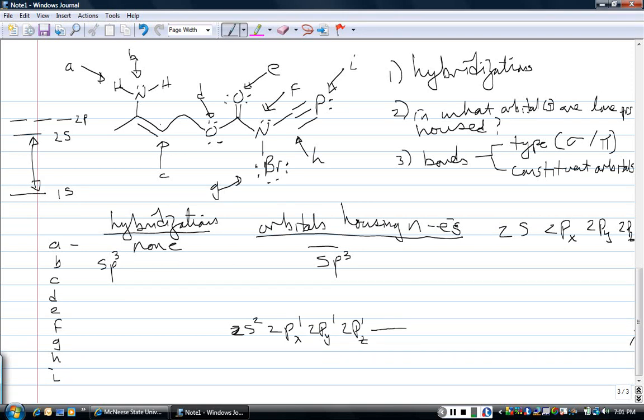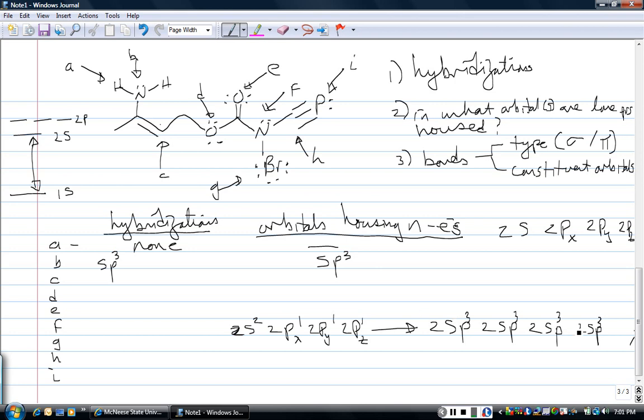If we're saying that N is sp3 hybridized, then we become 2sp3, 2sp3, 2sp3, and 2sp3. In other words, I put in 1 can of red, 3 cans of white, I get 4 cans of pink.